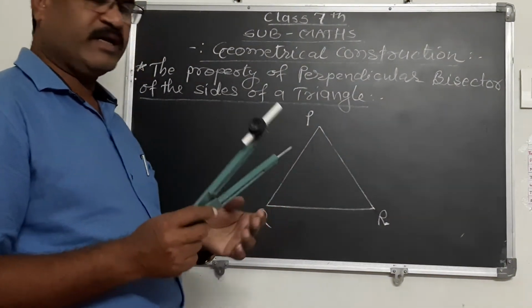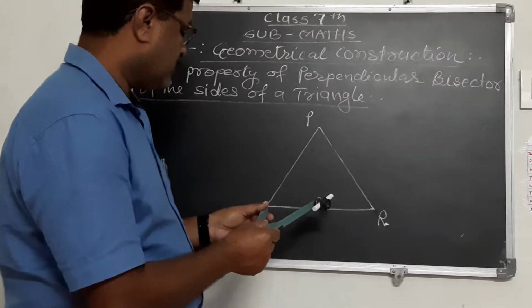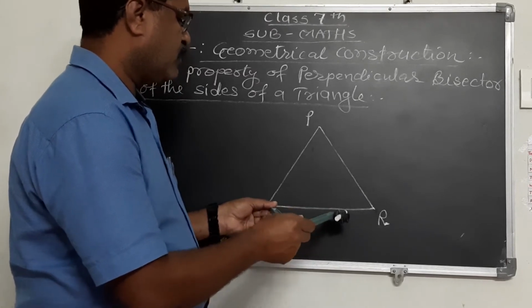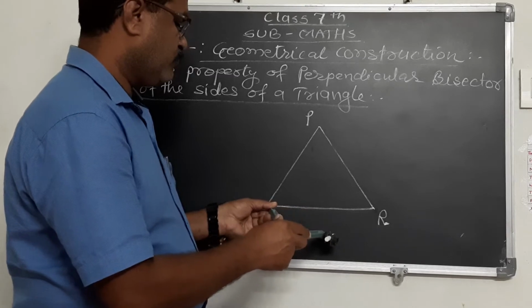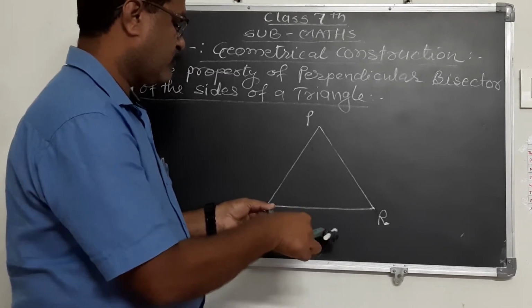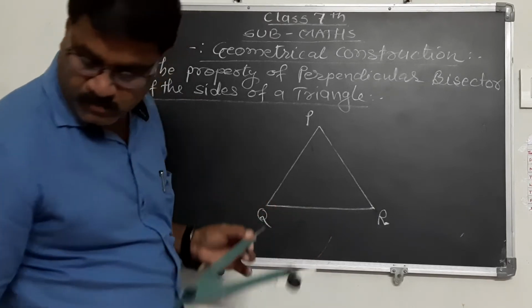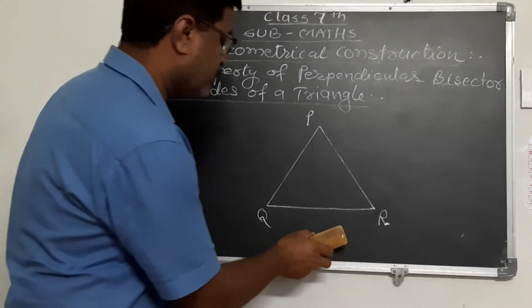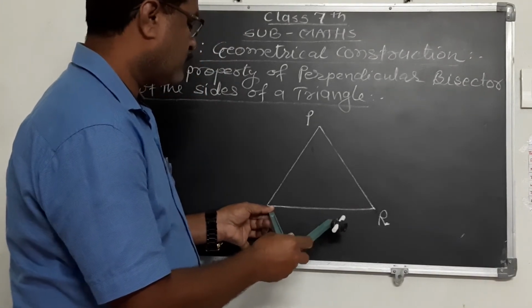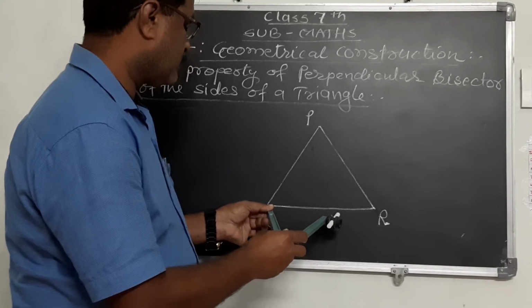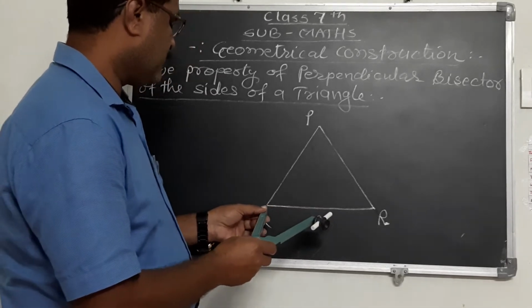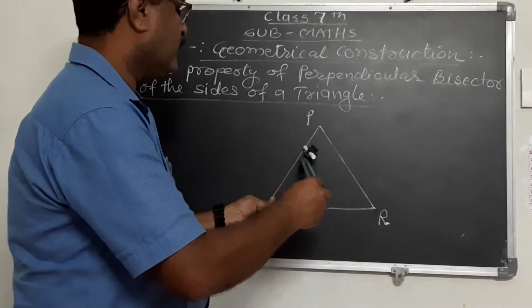We take the compass, take a sufficient distance more than half, and draw the cut below the line in such a way, as well as above the line.